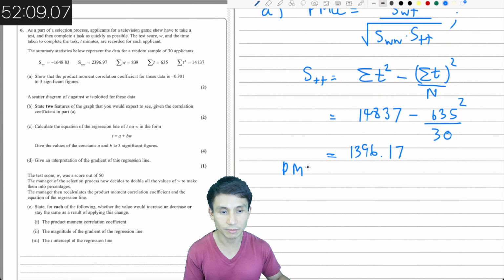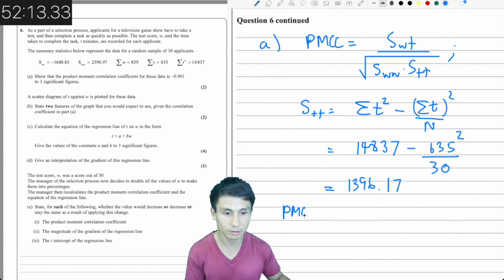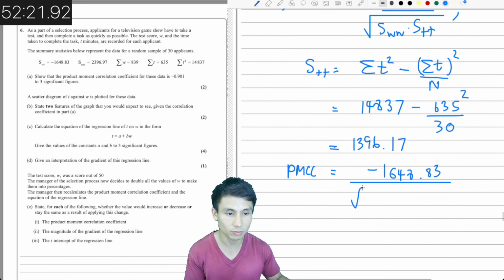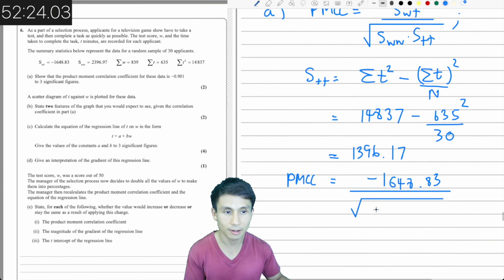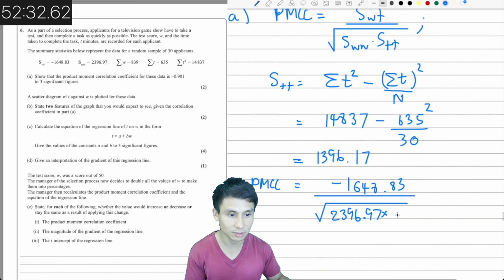So PMCC would just be equal to plugging in everything. SWT is minus that, divided by the square root of SWW, which we were given, which is that number, times the STT we just found, which is that.